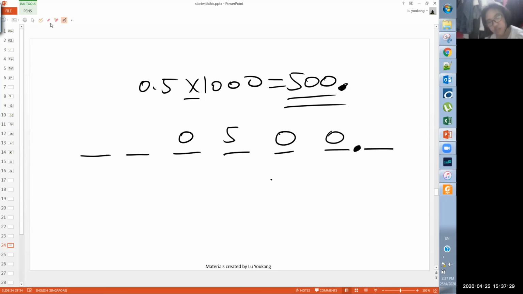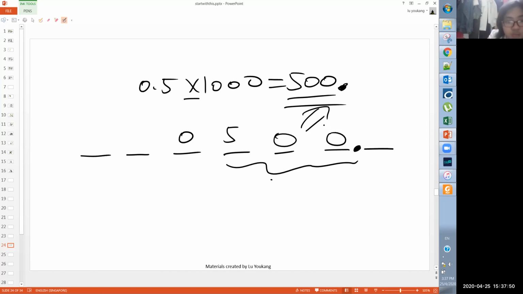Just now we had nothing here, but our dot already reached this. So for the blank ones, you need to put in 0. Okay? So that's why you get 500 dot. Okay.